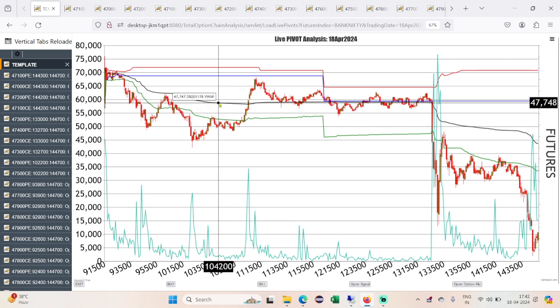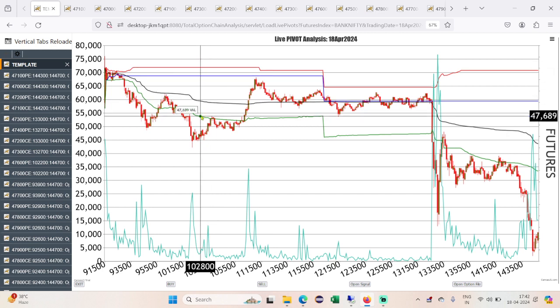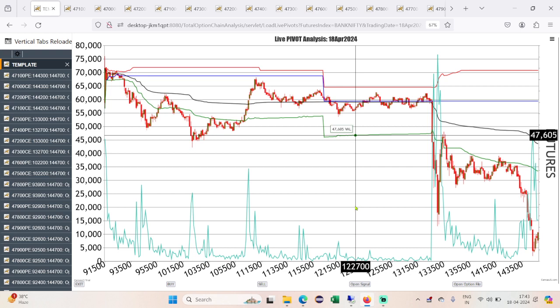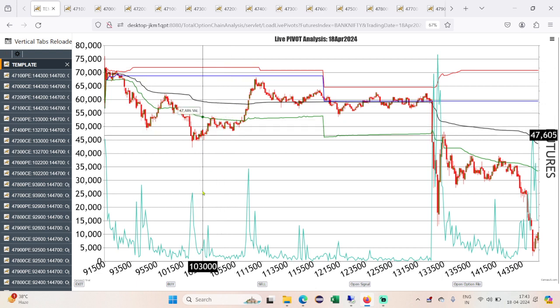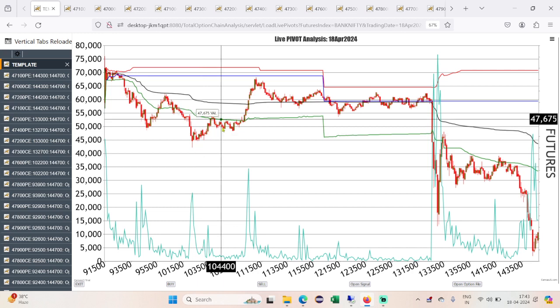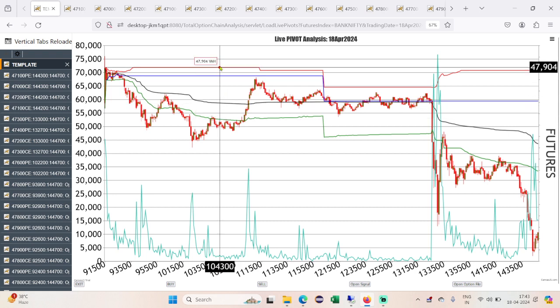This black line is called VWAP. The red, blue and green lines are parts of volume profile. Volume profile is nothing but it shows the area between which 70% of the Bank Nifty futures is traded at any point of time. Let's say at 10:44, Bank Nifty till 10:44 has traded 70% of the time between 47,676 and 47,904.